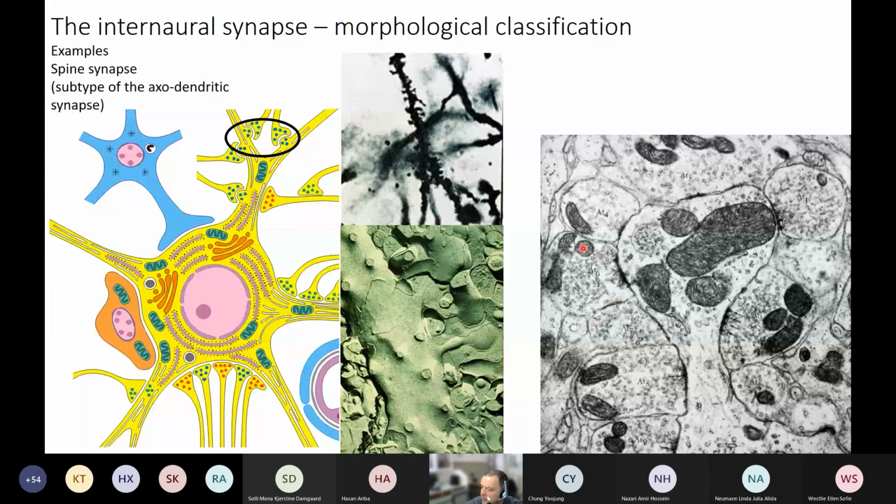Here is one, there is one, there is one, and so on. And each axon terminal, of course, not all of them are exactly hit, but most of the times you can recognize that there are synapses here. And these dendritic connections, so these spine synapses, are of excitatory type. They are always excitatory.